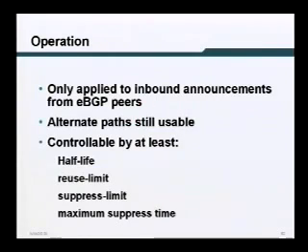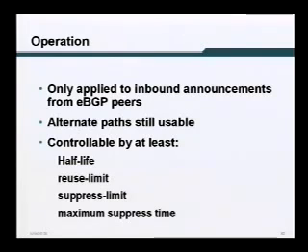It's only applied to inbound announcements from eBGP peers, and only to the path that is flapping. Some people won't touch flap damping because they think, oh, if the prefix flaps, then everything's suppressed. Okay, it's only applied to the inbound announcement from eBGP peers and only to the path in question.